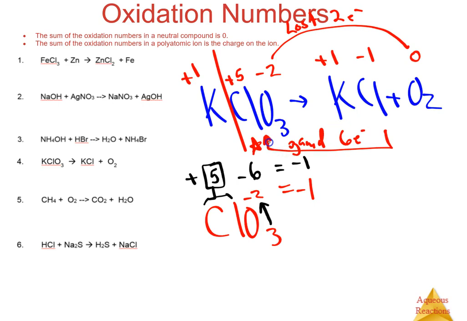All right. So which one's oxidized? Oxygen. Which one's reduced? Chlorine.